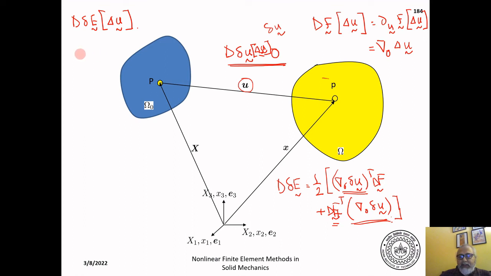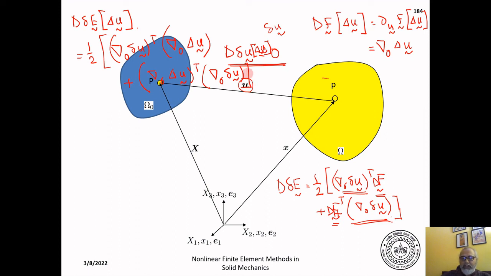So this will become half of this; this remains intact, this df becomes equal to this, and this df transpose becomes the transpose of this, and this remains unaffected. So this is what it becomes.